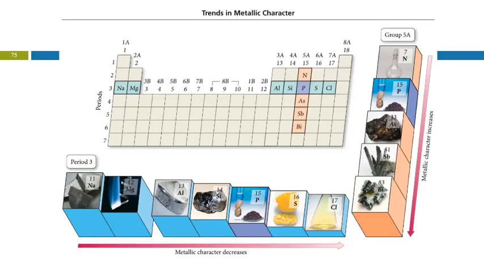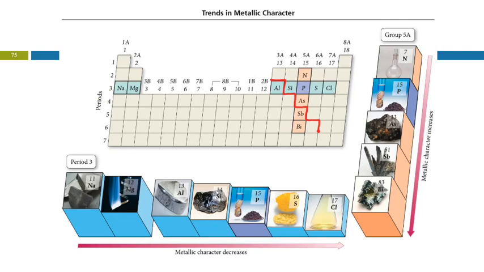That's more helpful. So that stair-step line is right in here. So if we're following period 3 going across, over here on the right side, these are nonmetals, and on the left are metals.